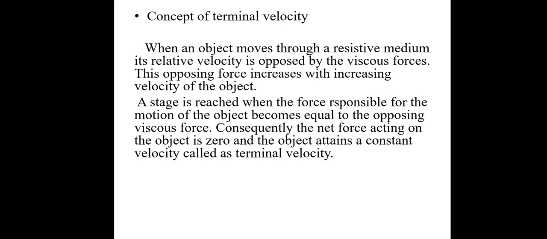Now, the final concept of this Unit 1 is the concept of terminal velocity. As I already told in the last classes, terminal velocity means when an object is moving in some resistive medium, the opposing force exerted by the medium, that is the viscous force, is exactly balanced with the weight of the object, then the total force acting on the object can be taken as 0.